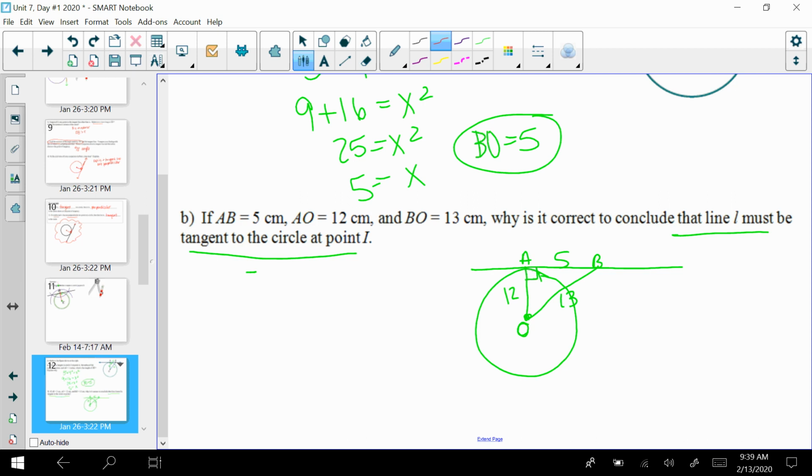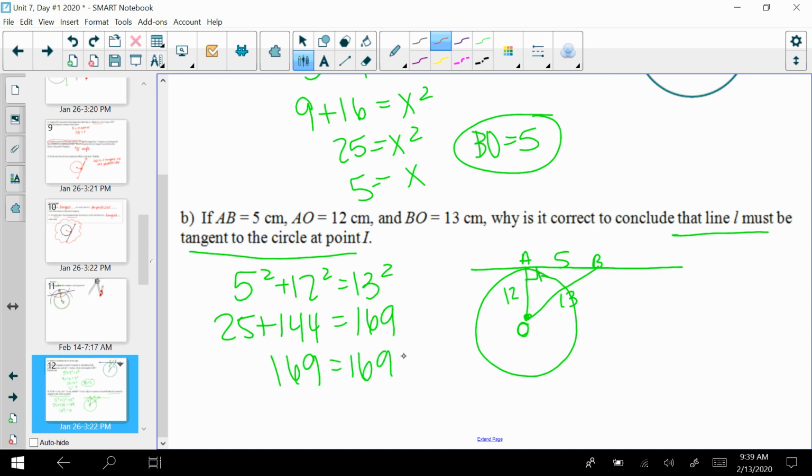Well, because 5 squared plus 12 squared equals 13 squared. We could check that. We'll show it. 25 plus 144 equals 169, which means that this has to be a right triangle, so that has to be a right angle.